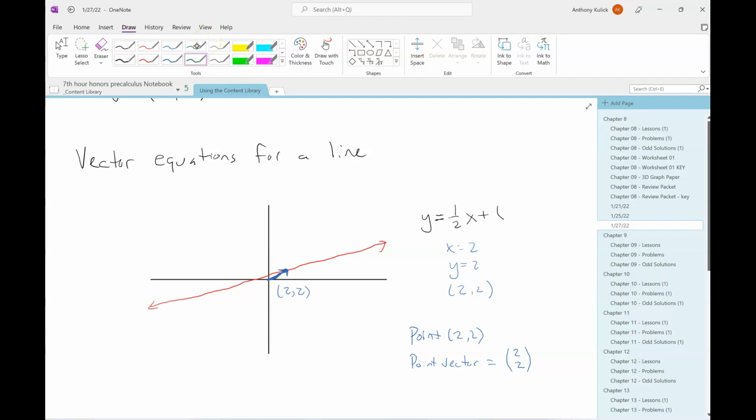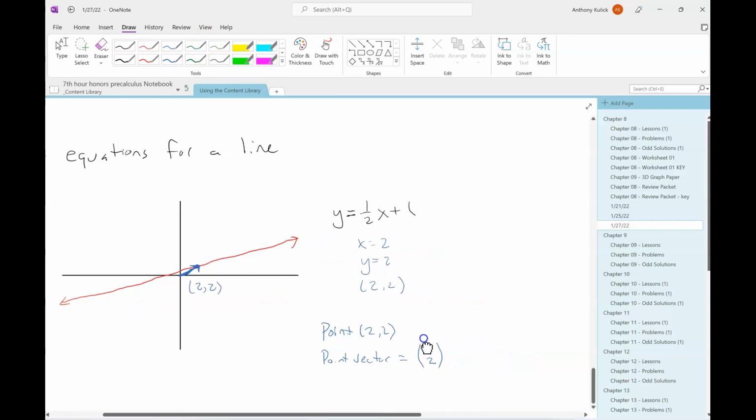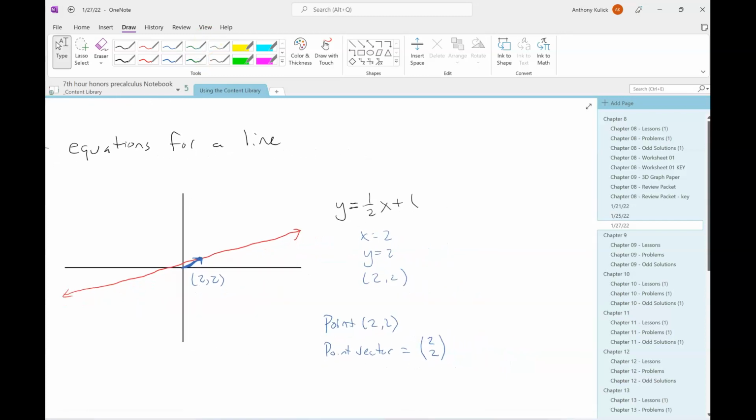In addition, equations for lines are also sometimes classified by slopes, right? For the equation y equals 1/2 x plus 1, what's the slope?